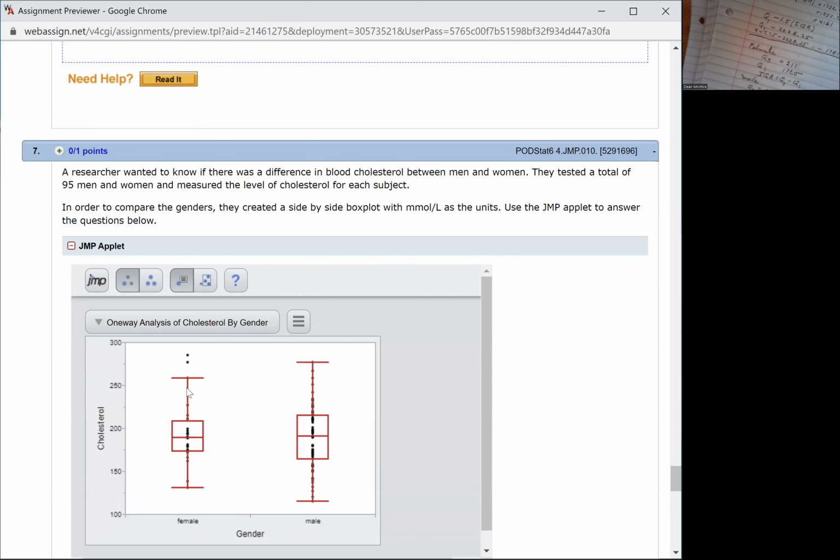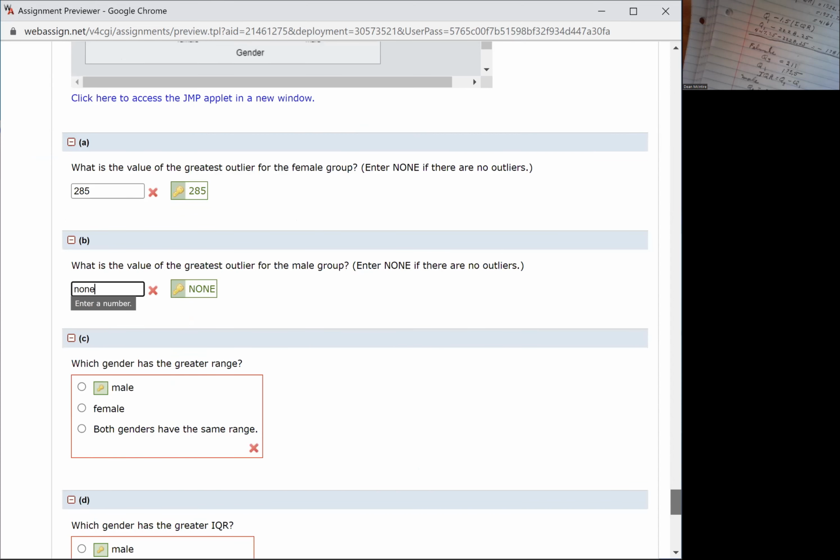The range would be from the max to the min, the female, and male from the max to the min. Well, this range here is going to be greater. You see it? I take the max and subtract the min from it, I'll get this distance here. So the answer to that is male.